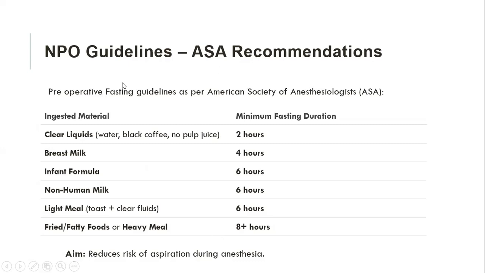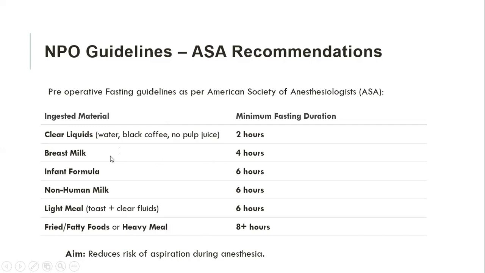Now, these are the NPO guidelines according to ASA recommendations, and ASA is the American Society of Anesthesiologists. So these are the preoperative fasting guidelines. That means the patient is allowed certain liquids and certain solids according to the time. Like the patient can take clear liquids up to 2 hours before the start of surgery.